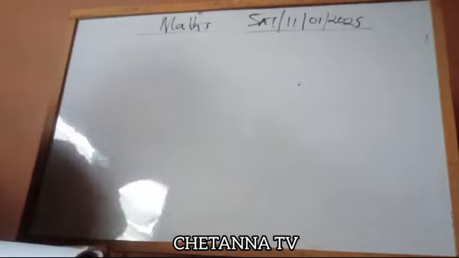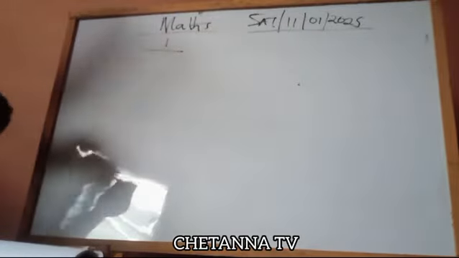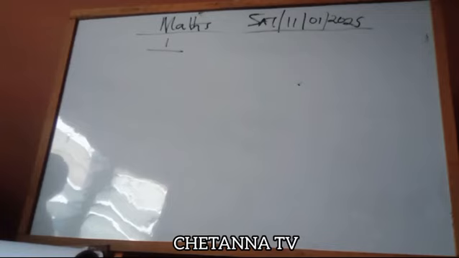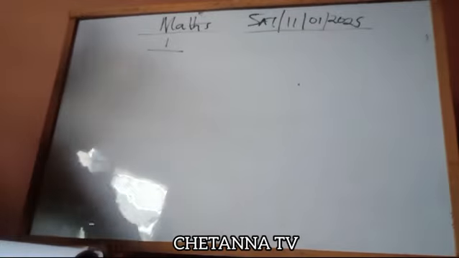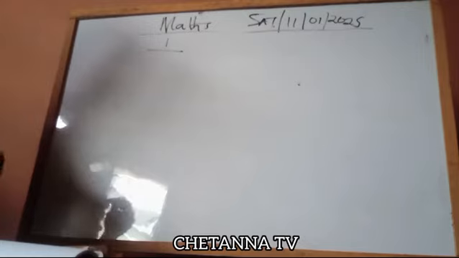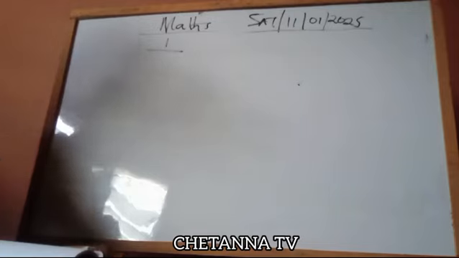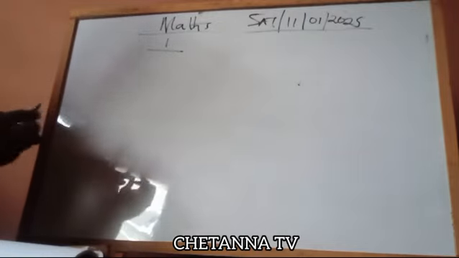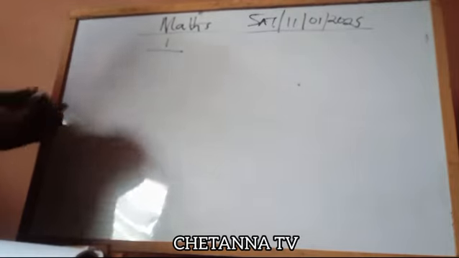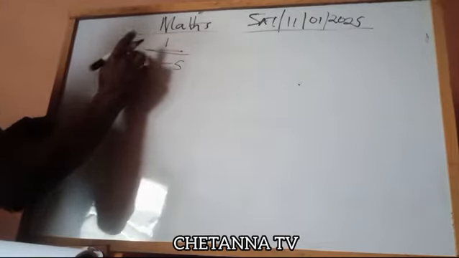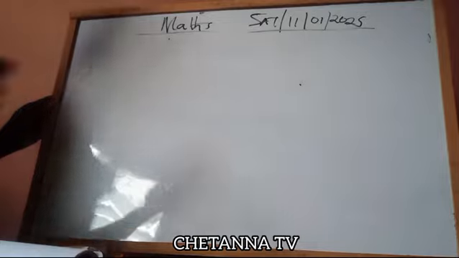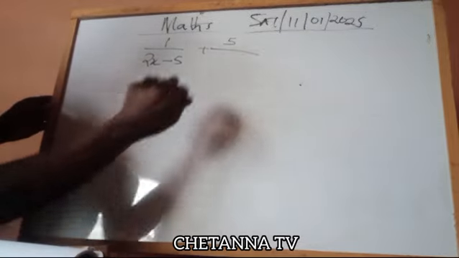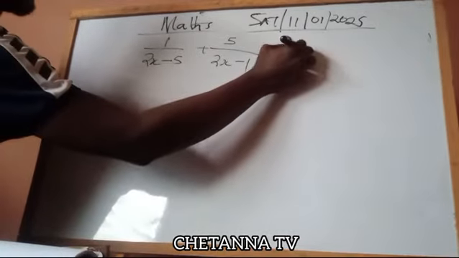Alright, so let's look at this one. This one says 1 over 2x minus 5, plus 5 over 2x minus 1, is equal to 2.